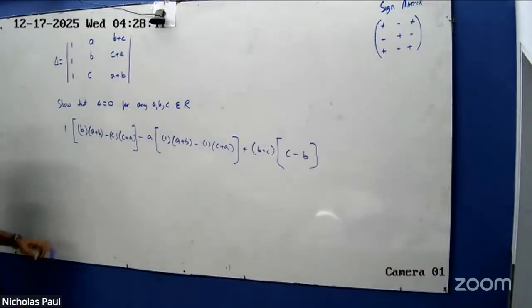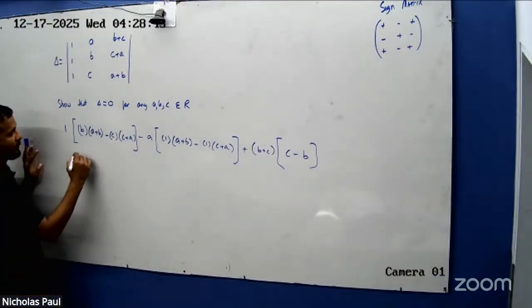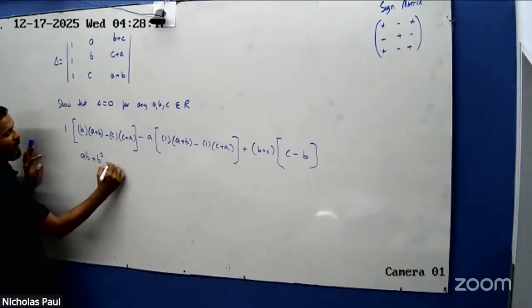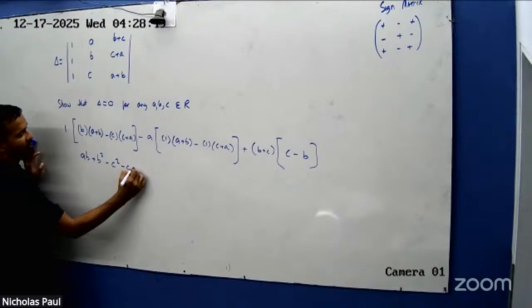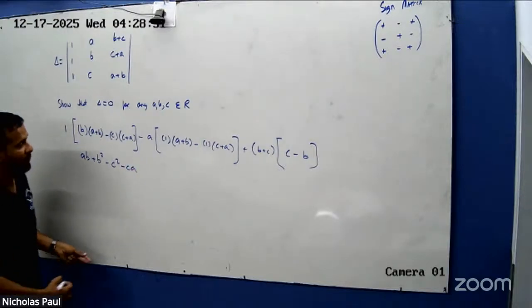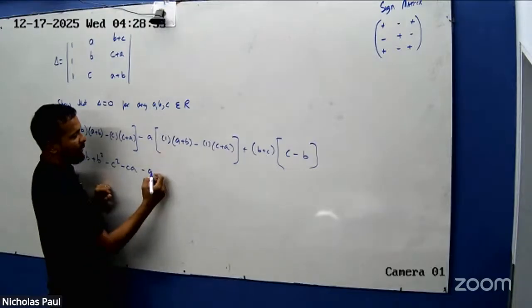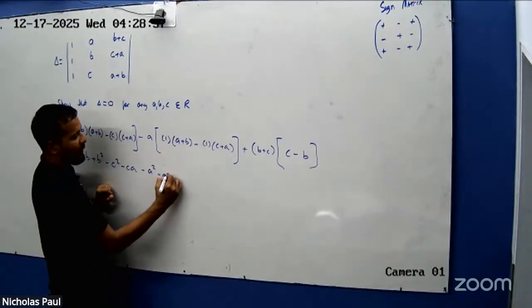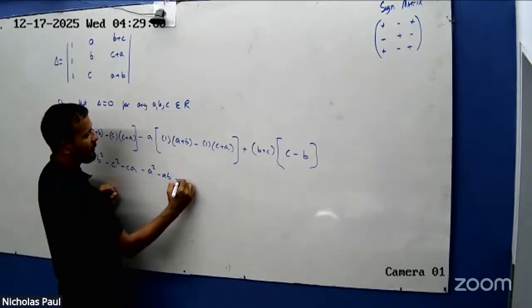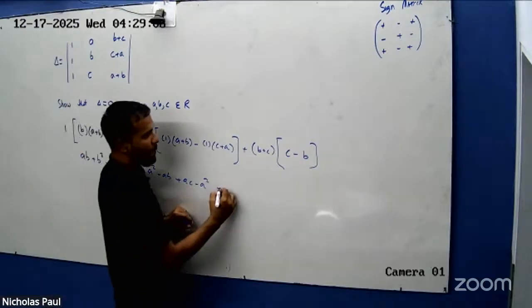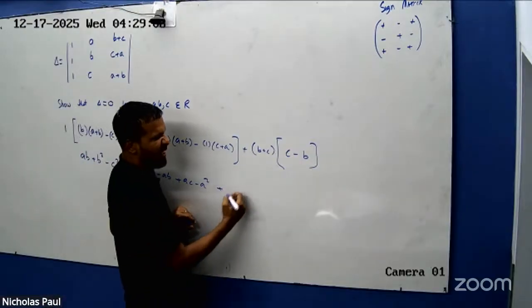So we'll get AB plus B squared minus C squared minus CA, minus A by, we can multiply that one out, A squared minus AB plus AC minus A squared. And here, difference of two squares.